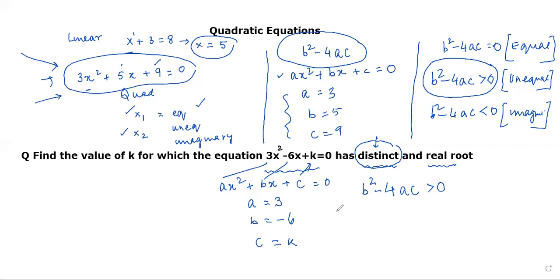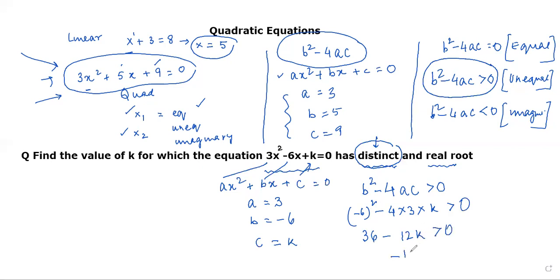Now let me put the values. What is b? Minus 6 whole square, minus 4 into a is 3, and c is k, greater than 0. What is minus 6 square? 36. Minus 4 3s are 12k is greater than 0.